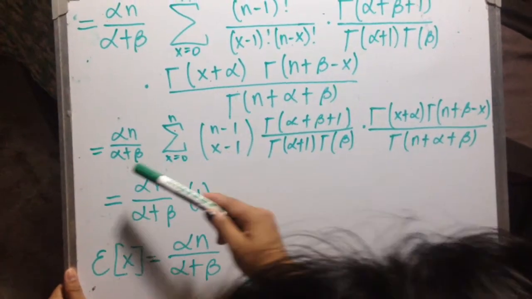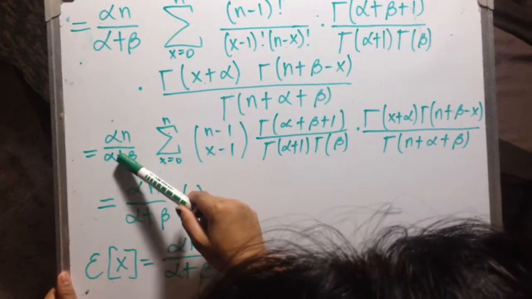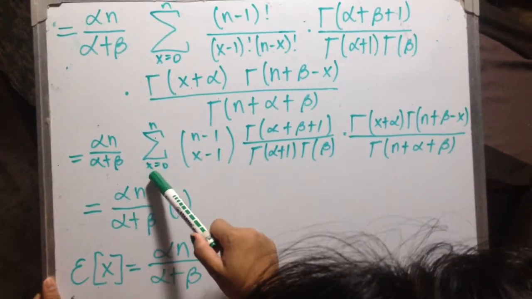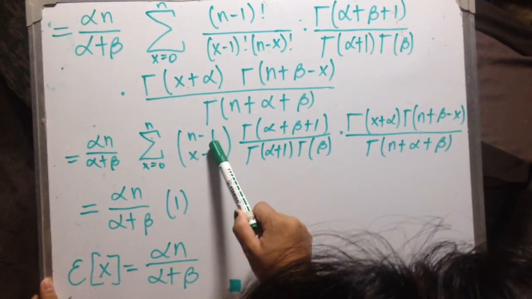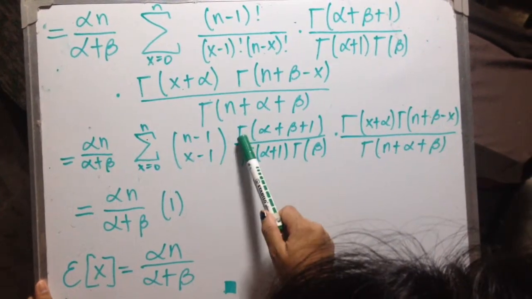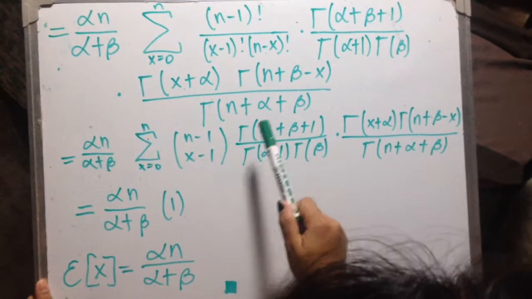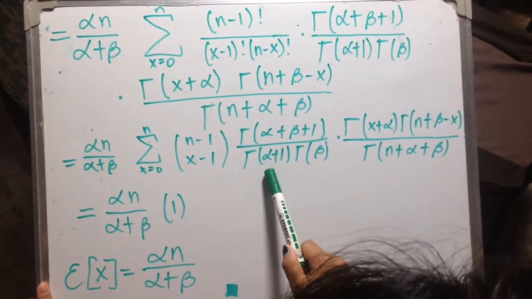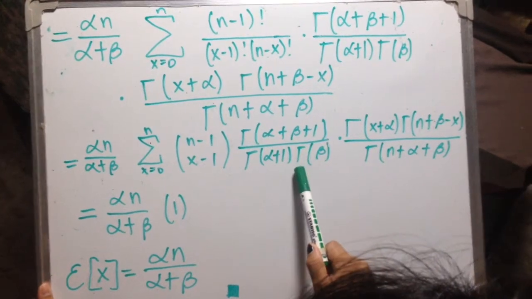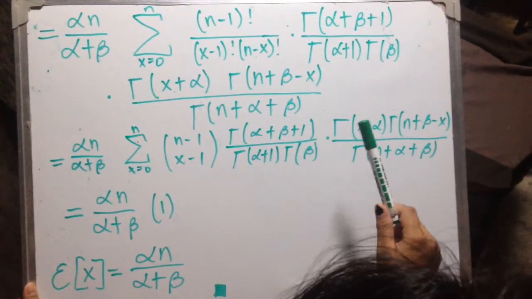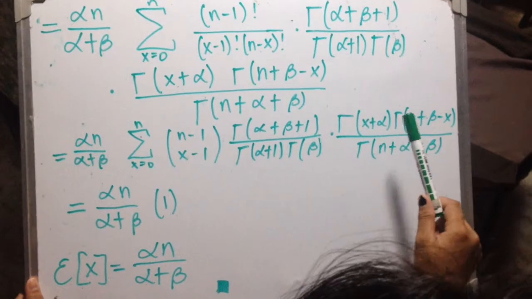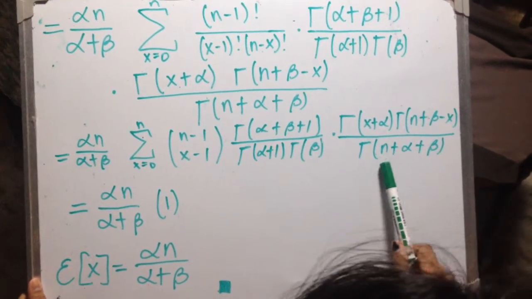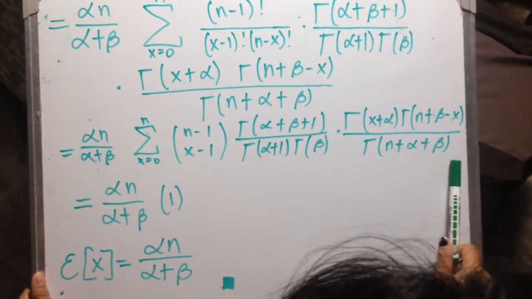So we have alpha times n over alpha plus beta times the summation of n minus 1 choose x minus 1 times gamma of alpha plus beta plus 1 over gamma of alpha plus 1 times gamma of beta times the gamma of x plus alpha times gamma of n plus beta minus x over the gamma of n plus alpha plus beta.